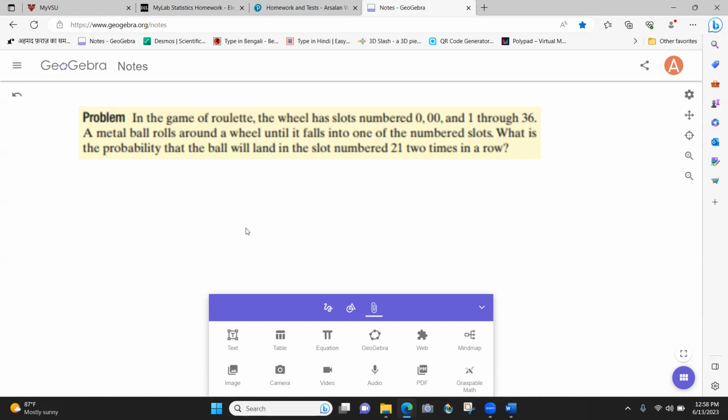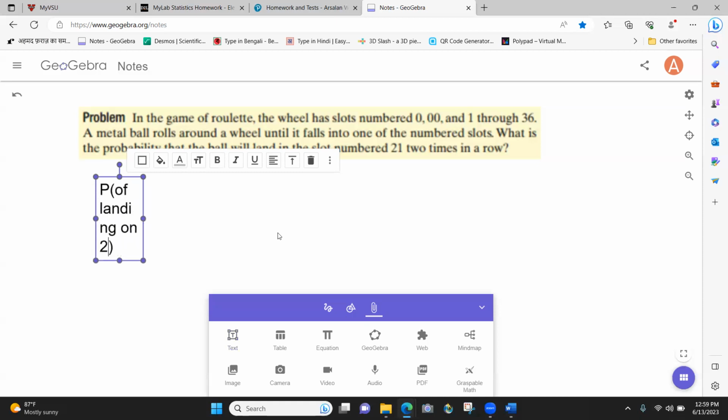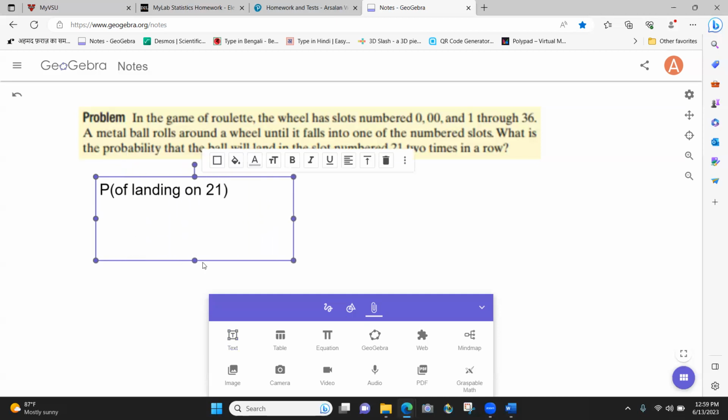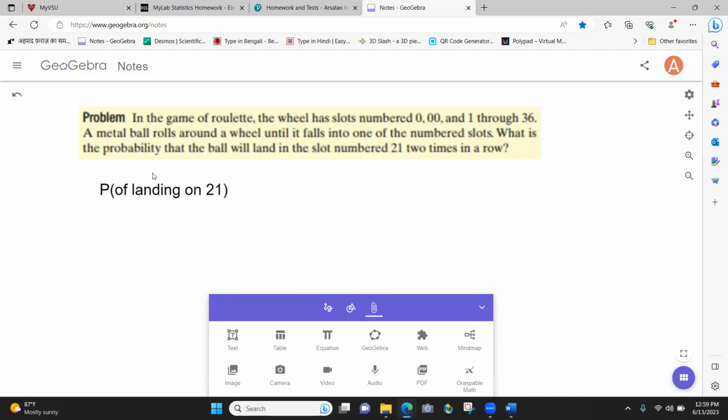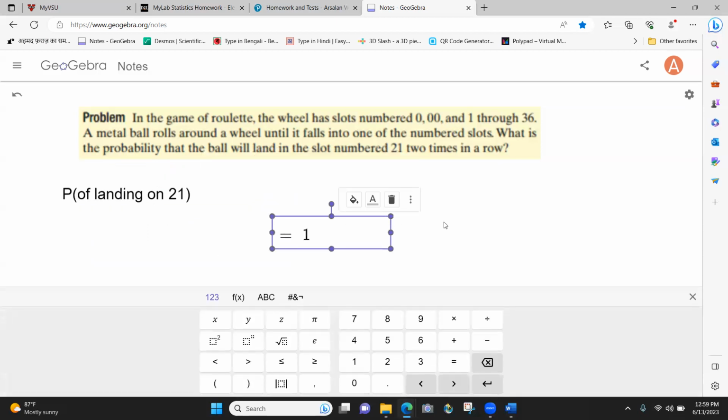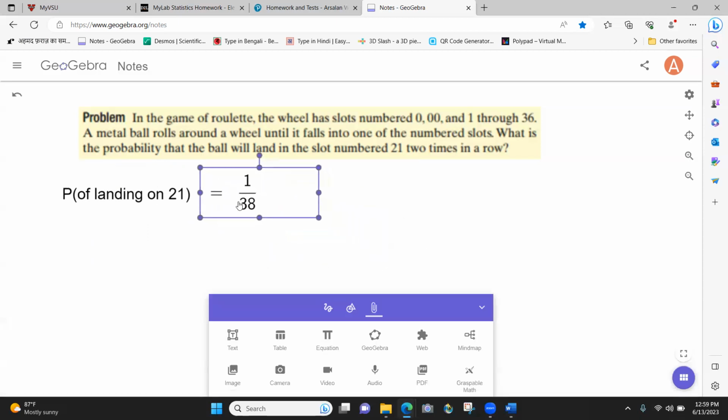We write it like this: the probability of landing on 21 is, now it's a common mistake, don't write 1/36. It's 1/38. Why 38? Because there are 38 slots.